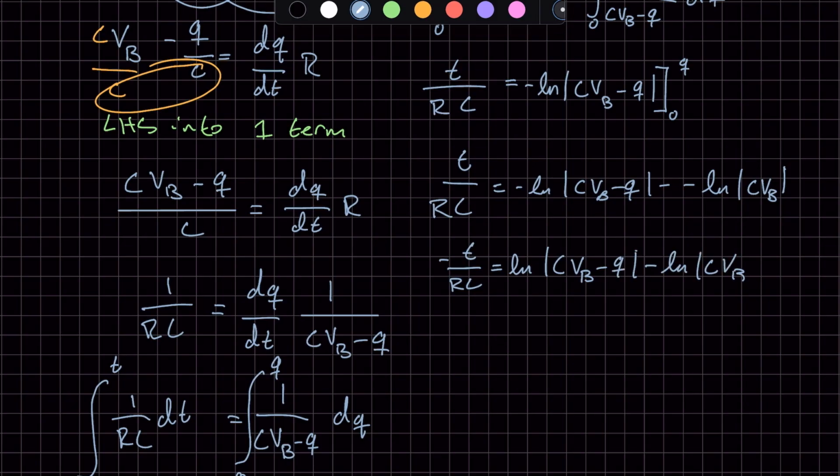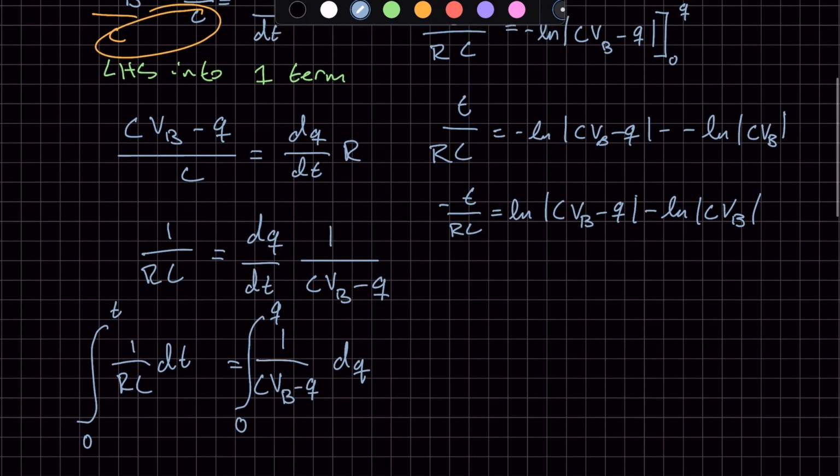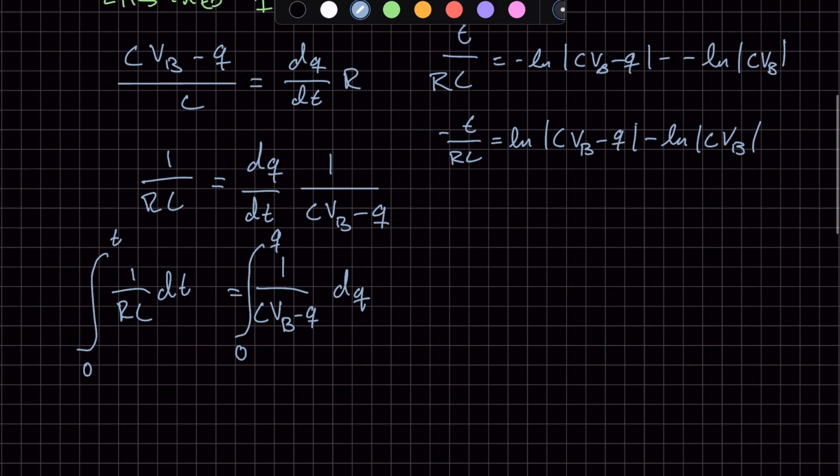And now this is where log rules come into play. The first thing we can do is when we have log minus log, we can just do log of the first term over the second term. So this will be negative t over RC equals ln of (CVB minus q) divided by CVB. And then to get rid of a log, this is again a log rule.